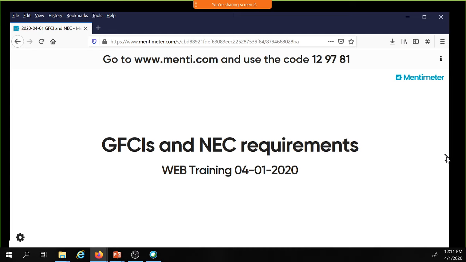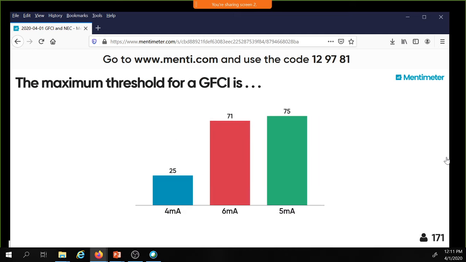The maximum threshold for a GFCI. We had 76 say 5 milliamps, 71 say 6 milliamps, and 25 say 4 milliamps. So whenever we talk about GFCIs, the threshold is typically a range. 5 milliamps is what all of the research uses, and we'll talk about the research, but 5 milliamps is the number everybody uses from a protection perspective.